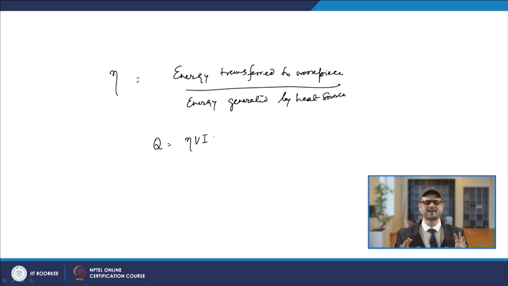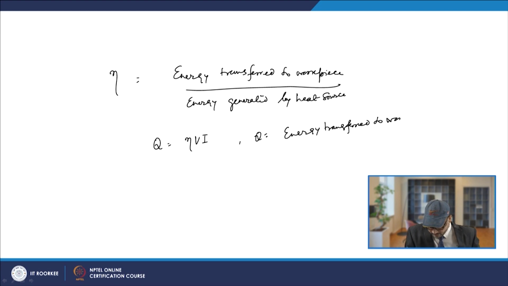You have the electric current and the voltage which is supplied, and Q is the energy transferred to the workpiece. In processes like electroslag or electron beam welding, the energy generated by the heat source will be V i.